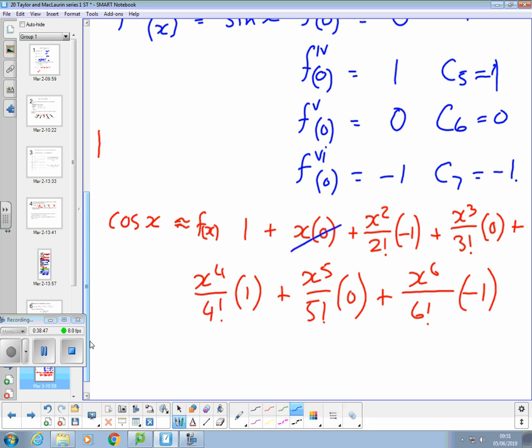That term can go because it's multiplied by 0. That term can go because it's multiplied by 0. And that term can go because it's multiplied by 0.